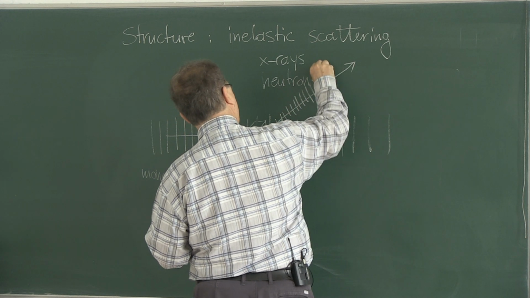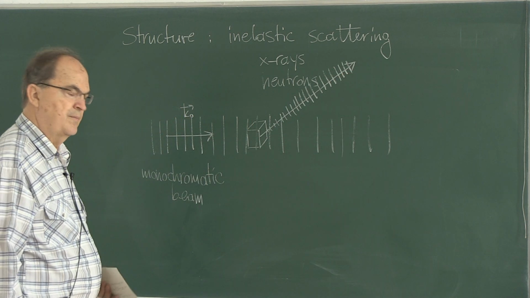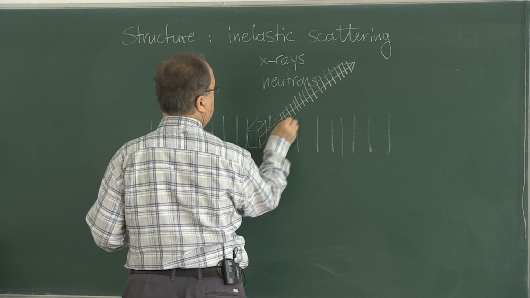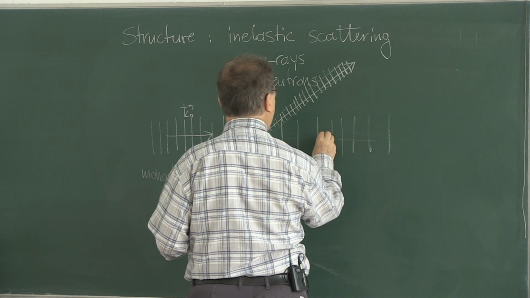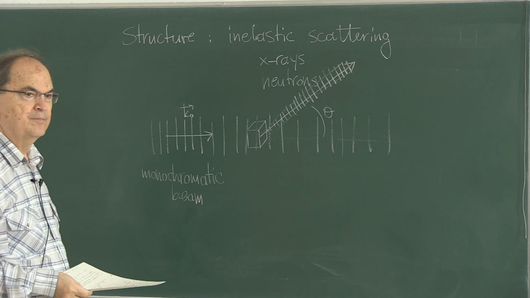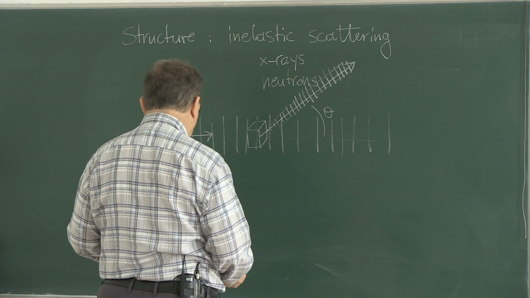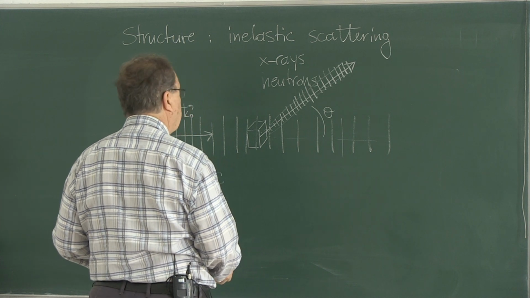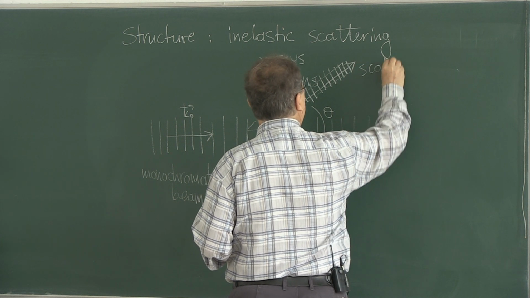So what is the scattering in that direction? That means deviation from the incoming beam. This is where you measure your scattered intensity.